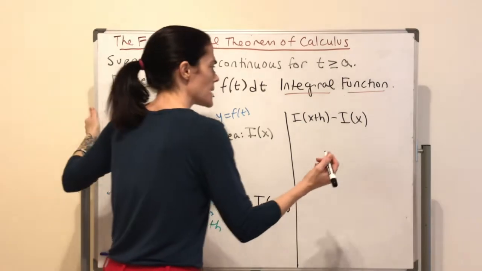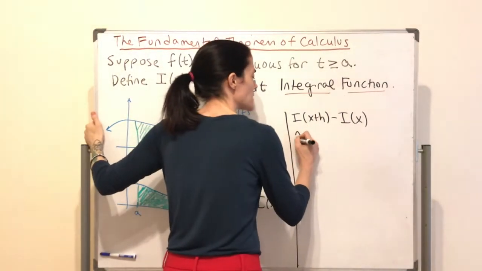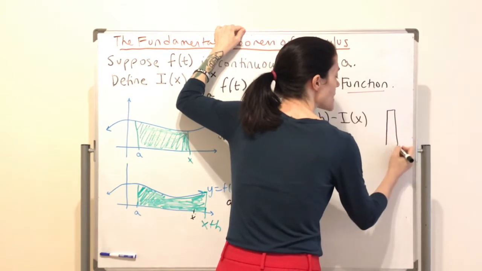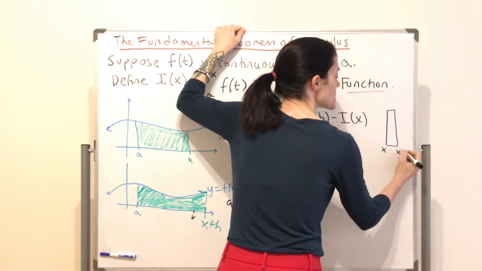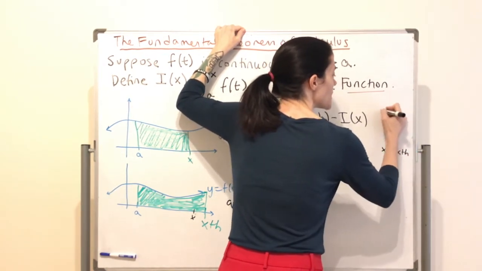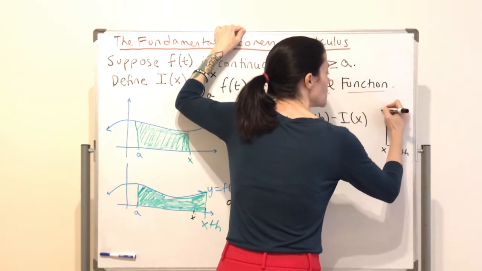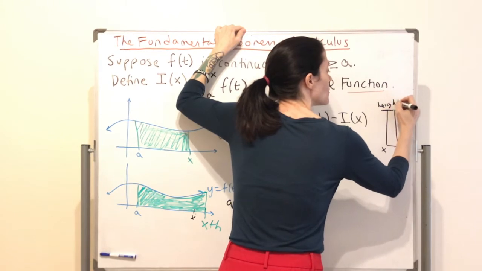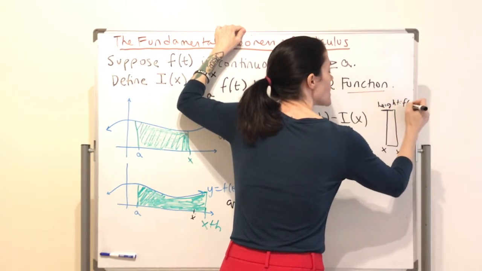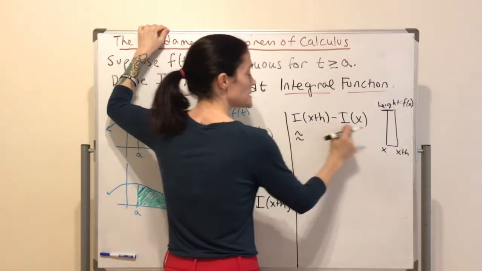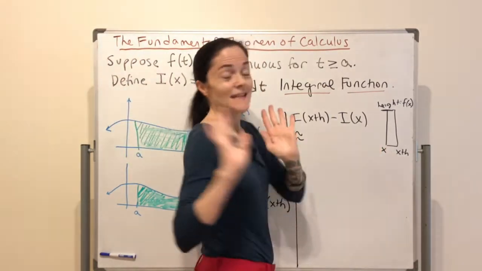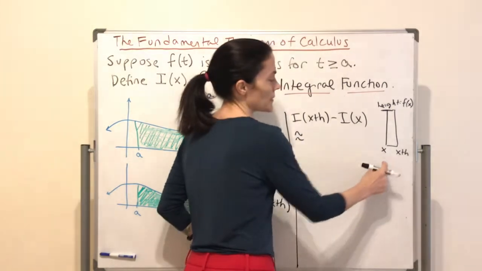And I can say more, that this is approximately, well, I can draw it here, where this is x plus h, and then here we have height f of x.